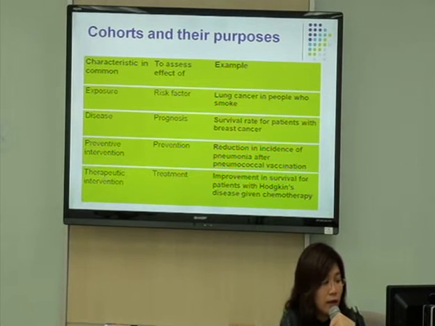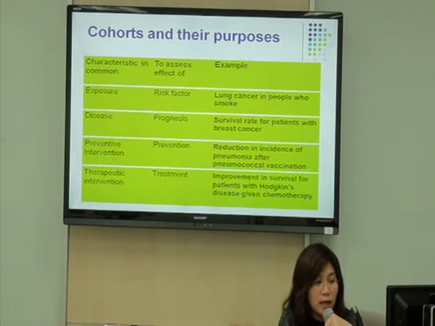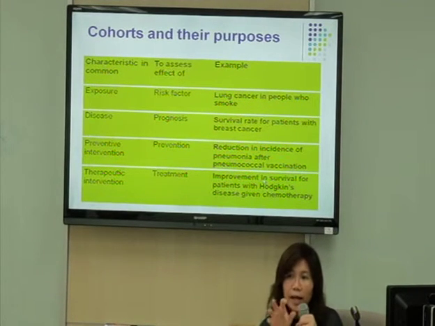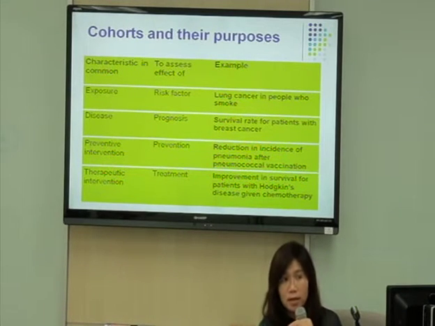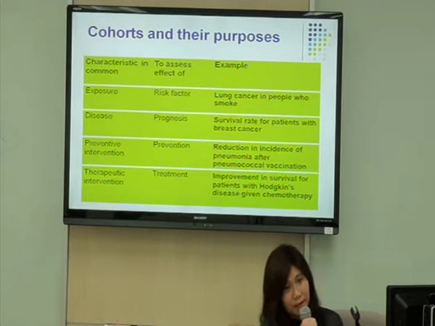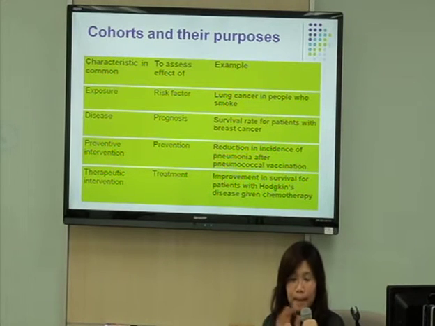Or if it is a therapeutic intervention, you focus on the effect of treatment, like the improvement in survival for patients with Hodgkin's disease who were given chemotherapy. Even if the question looks like therapeutics or treatment, you can do it in a cohort study also, because this is the real world effectiveness of this chemotherapy, right?